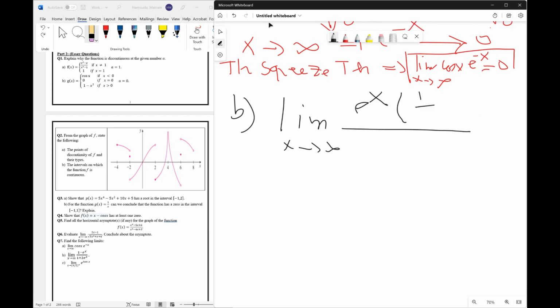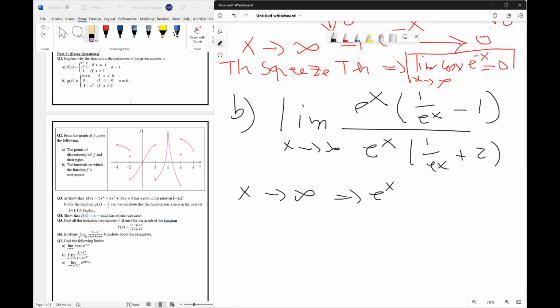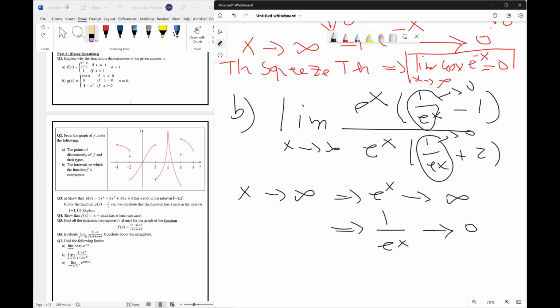So it's 1 over exponential x minus 1, over the same thing, exponential x, 1 over exponential x plus 2. And remember that when x approaches infinity, then exponential x approaches infinity also. This gives that 1 over exponential x approaches 0. So all this will go to 0. This will cancel with this. So my limit will be equal to minus 1 over 2.